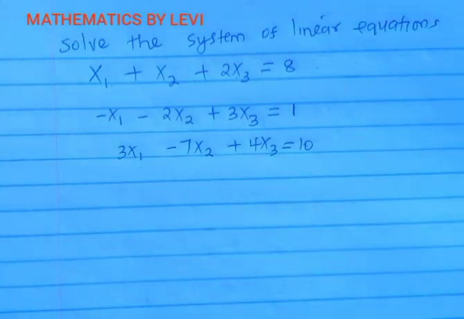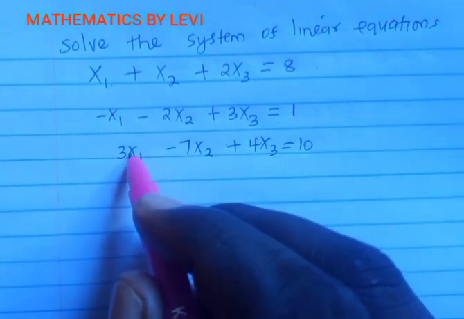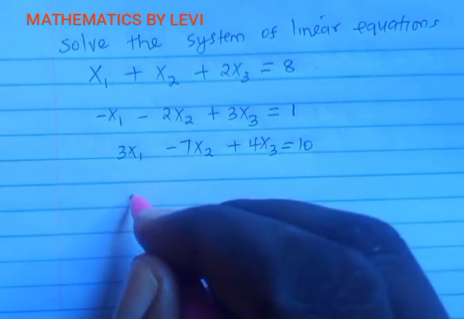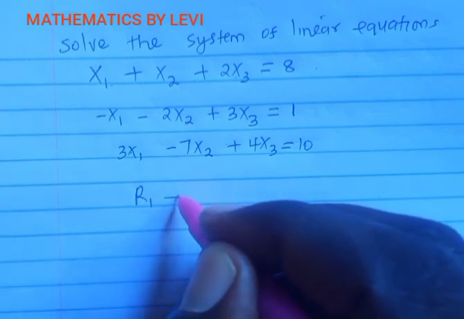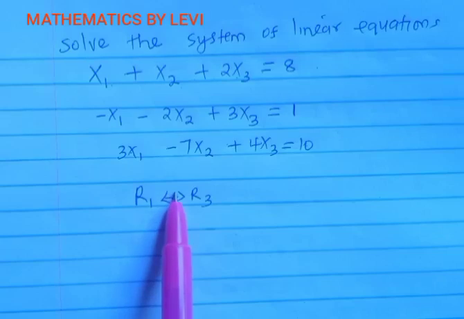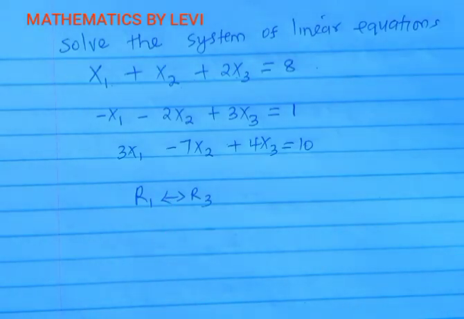Now, let us proceed this way, that we swap equation 1 with equation 3. So the first step is swapping equation 1 with equation 3, that is, interchanging the positions of the equations.